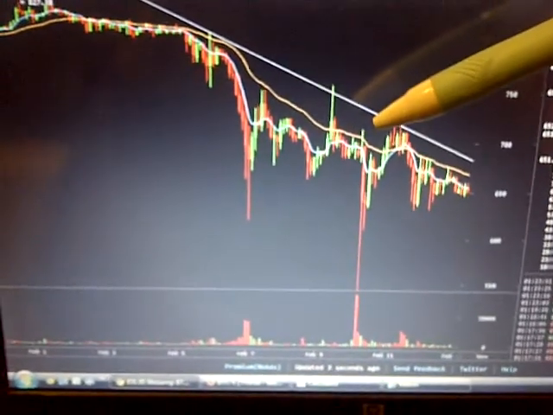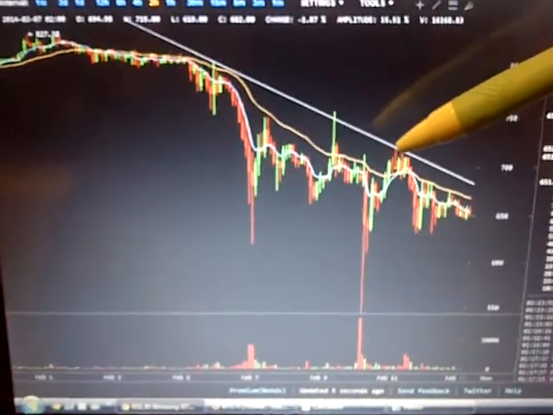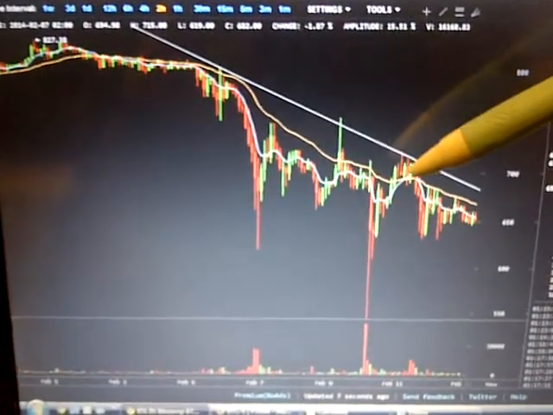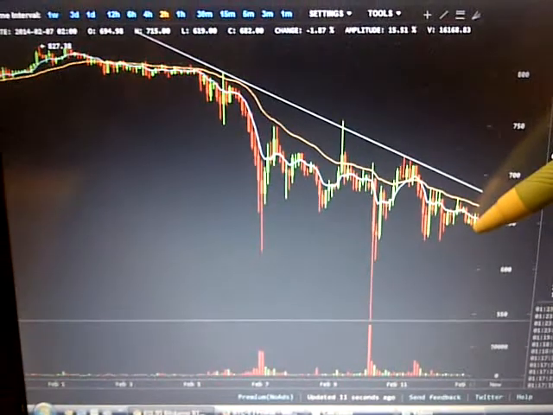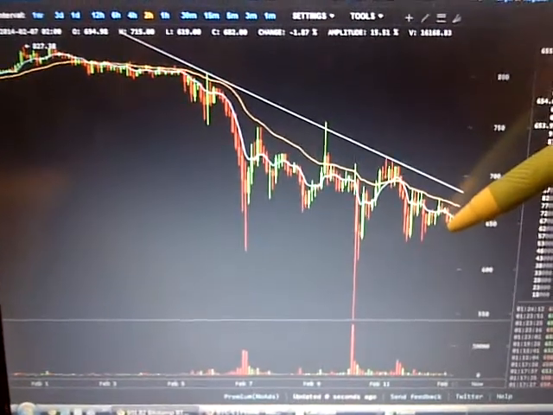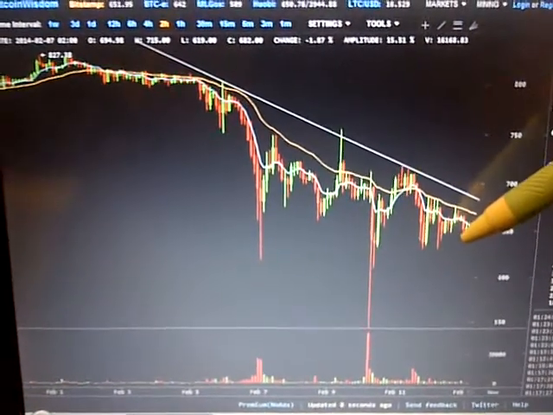So maybe the reason is, if you haven't already noticed, Bitcoin withdrawals are also halted over at Bitstamp as well.